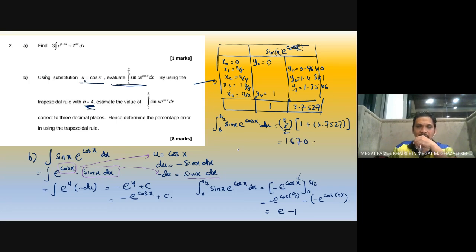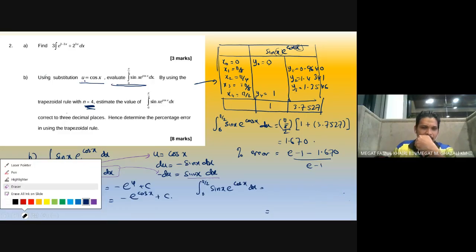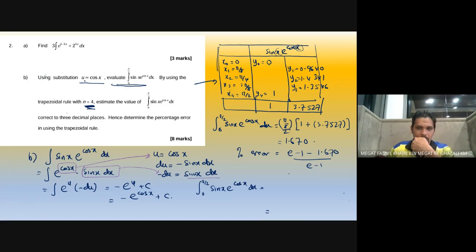So the percentage error is e minus 1 minus 1.670, divided by e minus 1, which equals 2.81%. Again, use the calculator to verify this. So this is the solution for question number 2.